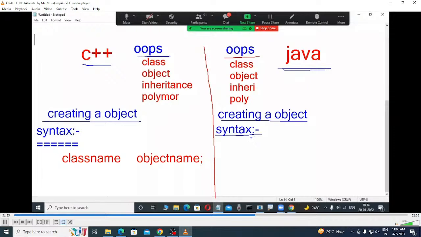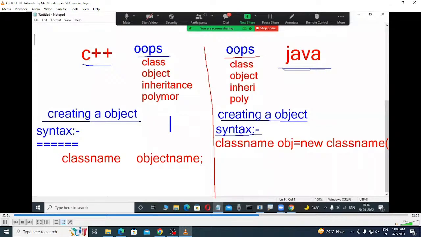Yes, some fellows are telling it correctly: class name, space, object name equals new class constructor. That's why these two languages are syntactically different or the same? Different.